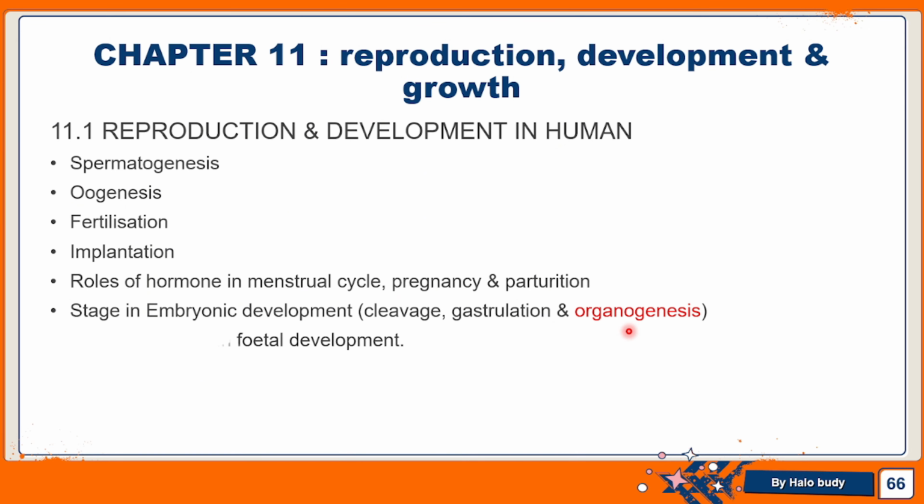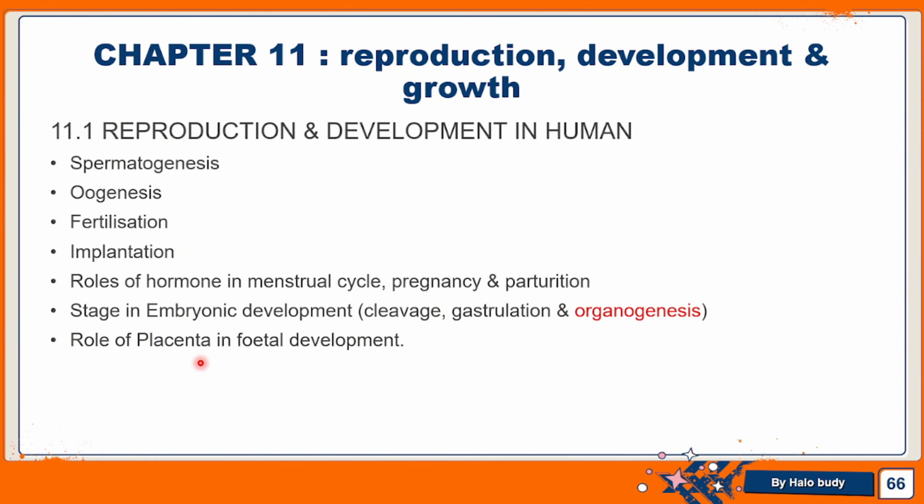After that, you need to know about the role of the placenta in fetal development. After you have the embryo and the fetus, we know that we have the placenta. The mother has a placenta. So what is the role of the placenta in fetal development?